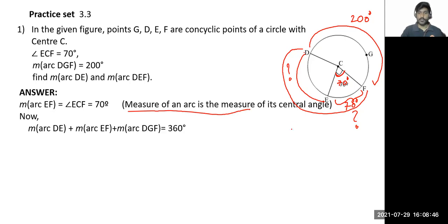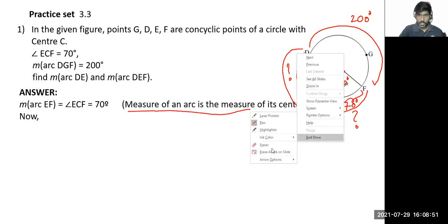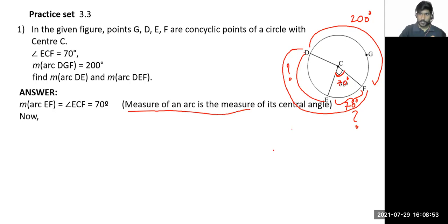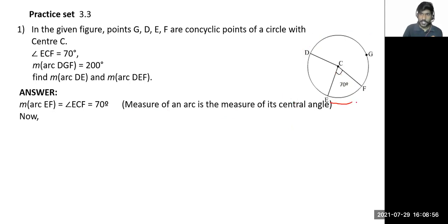Now, EF is 70. Look at the figure. Arc EF is 70 degrees and arc DGF is 200 degrees. How much will arc DE be? Do you just subtract 200 minus 70? No. Why not? 200 minus 70 will not give me that.